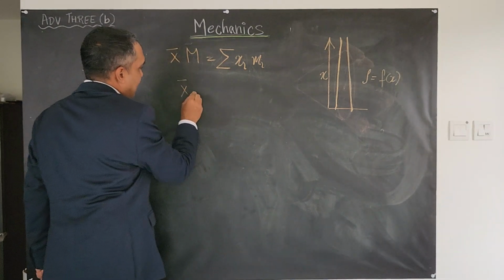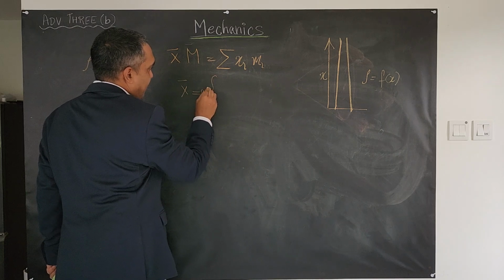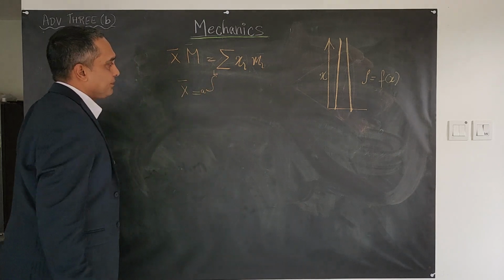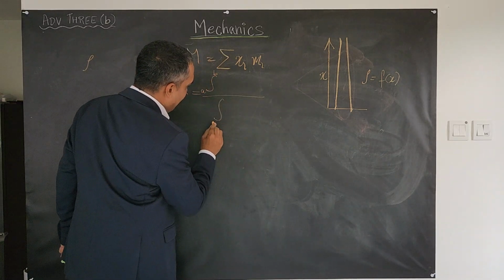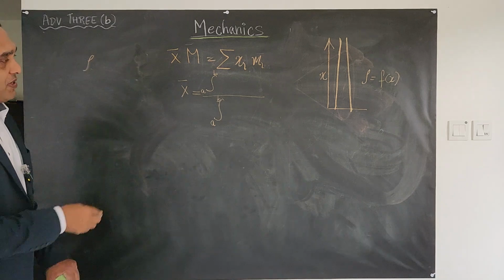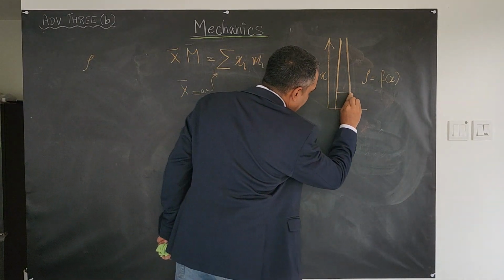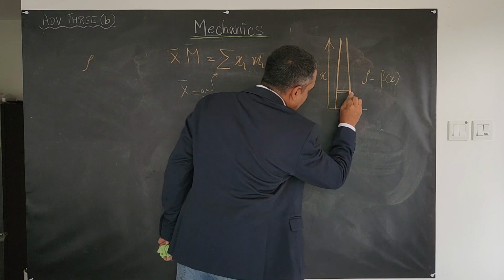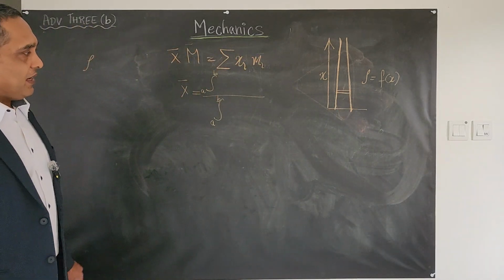So my x bar here is the integral from a to b of... So I have two integrals that are working here. I have integral a to b. Now what was I doing? I was defining a tiny disk, right, of some area.